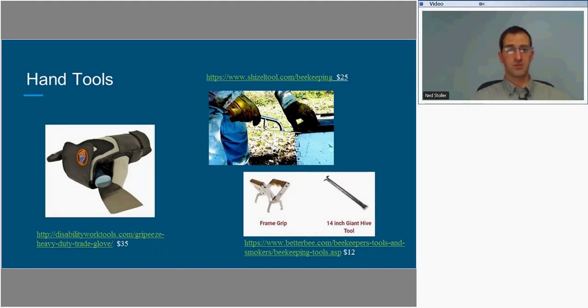So if someone has repetitive motion injuries in their wrists or any kind of a hand impairment, these Grippy's gloves are going to be very useful to keep the hand in a tight fist without straining those muscles and those joints.